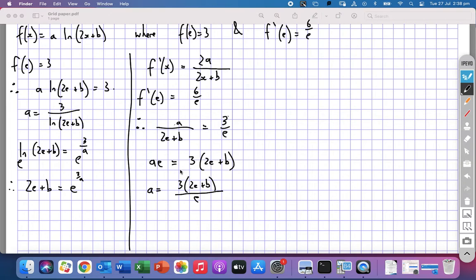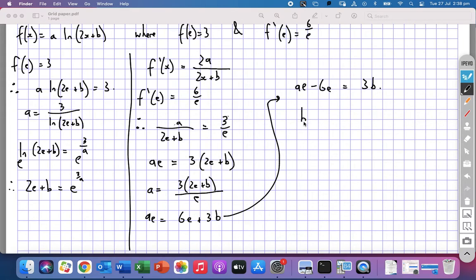We've got 6e here, so we'd have ae equals 6e plus 3b. We could bring the e over there. So I'm still sort of just playing with rearranging this function. ae minus 6e equals 3b.